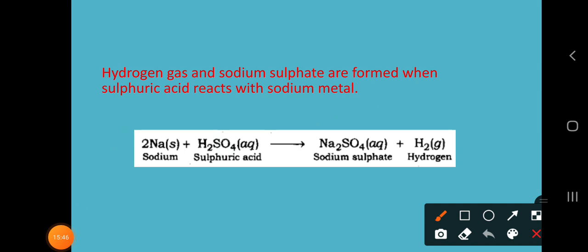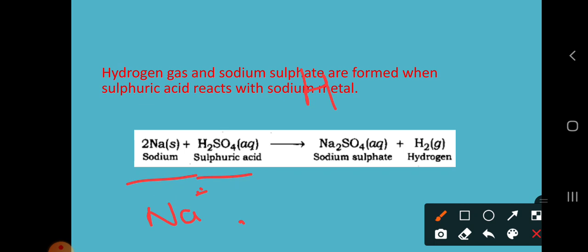So here sodium is Na. It reacts with sulfuric acid, and you will get Na2SO4. So dear students, what is the valency of Na? It is +1. And hydrogen here is 2, because two atoms of hydrogen are going to be formed here.